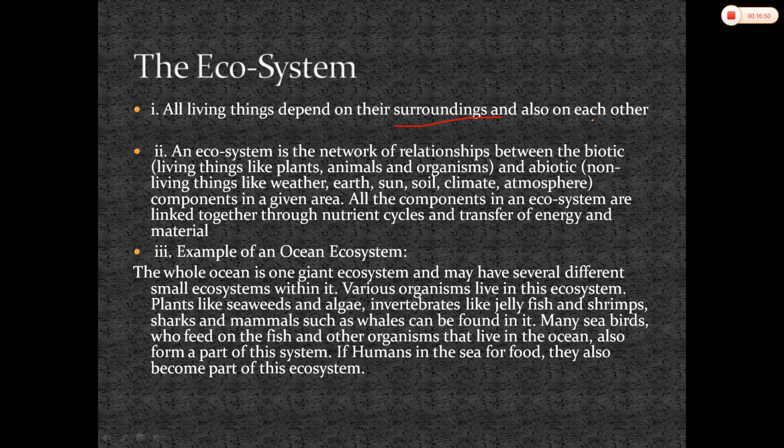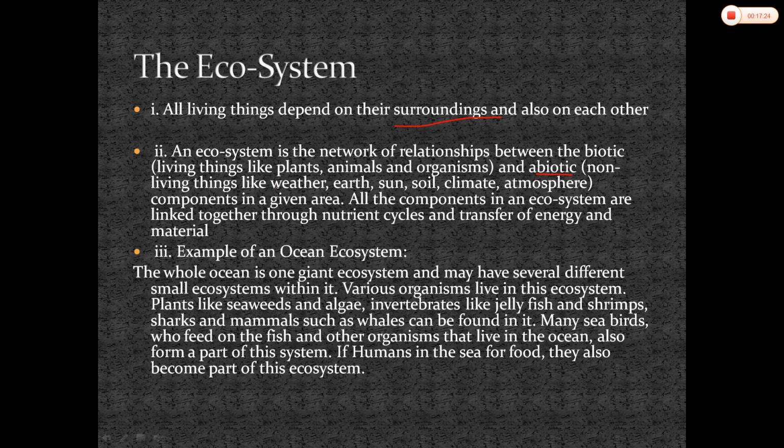So simply we can say, an ecosystem is when living organisms are interrelated and interdependent in their physical surroundings or environment. This interdependence between the non-living surroundings and living organisms is called the ecosystem. Now an ecosystem is the network of relationships between the biotic, that means living things like plants, animals, and organisms, and abiotic.